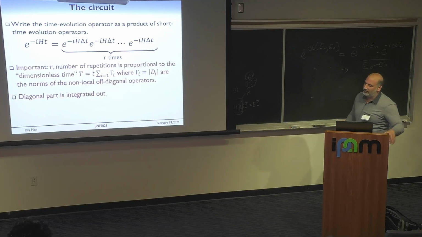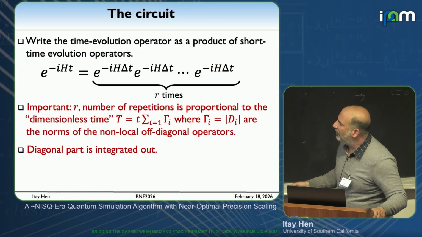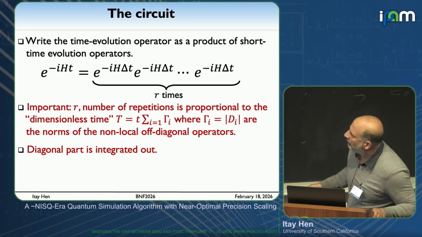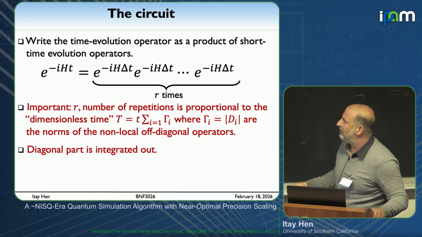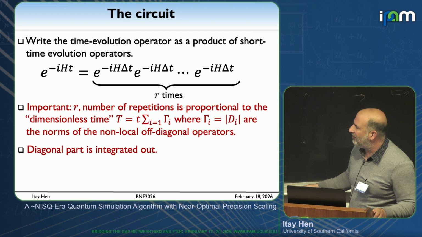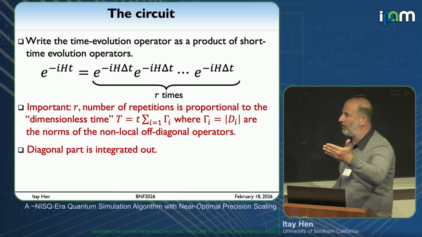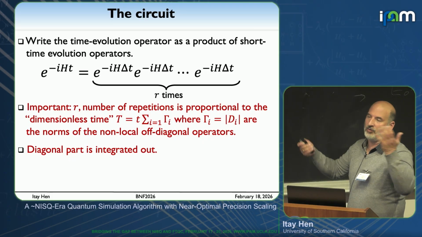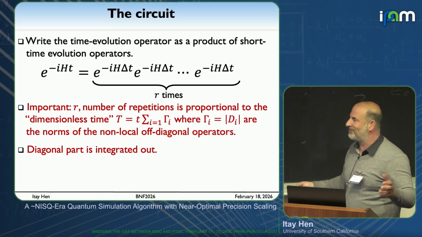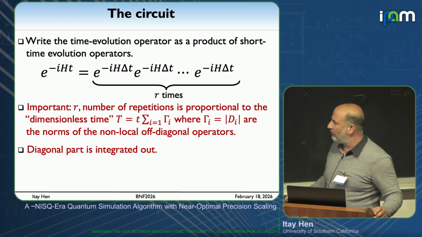But in our case, because we don't have the D0, we only need to multiply t, so the dimensionless time is actually t times the off-diagonal norm of the Hamiltonian, which is always smaller, but sometimes much smaller, than the total norm of the Hamiltonian.